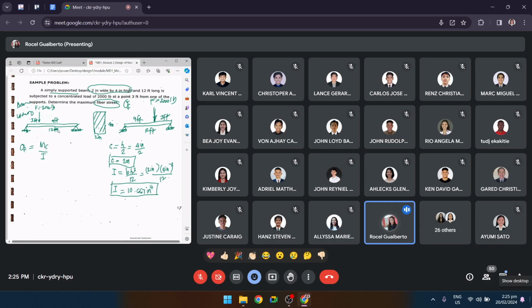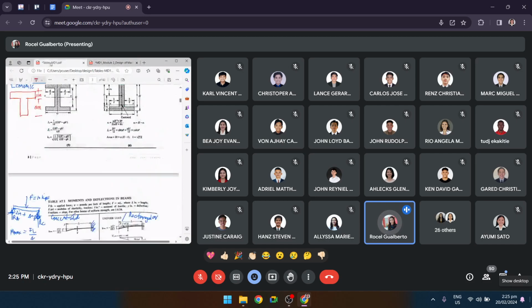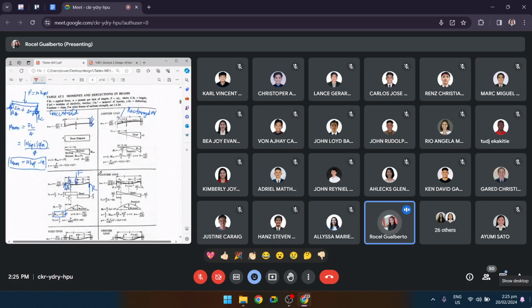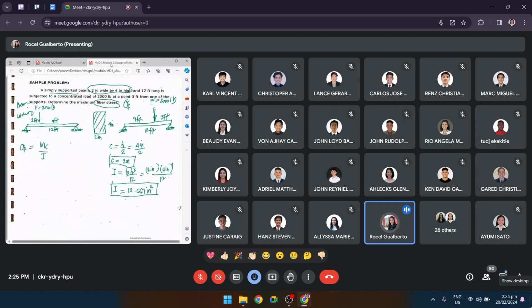So, let us take a look first at table 82. You look at our sample problem. You have here a simple beam and the load applied, not at the center but along the length of the beam.